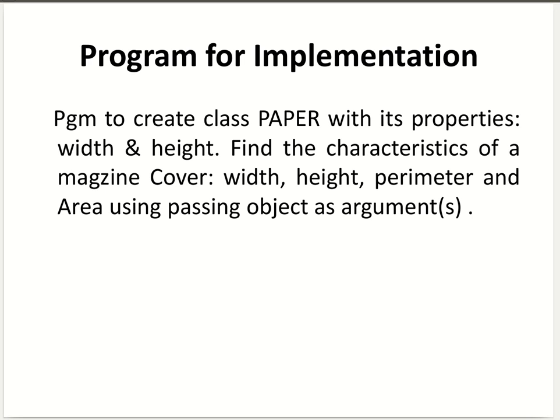And we have to find the characteristics of a magazine cover: width, height, perimeter and area using the objects as the argument. If we are passing this paper as an argument, then using the width, height, perimeter and area, we have to find the characteristics.